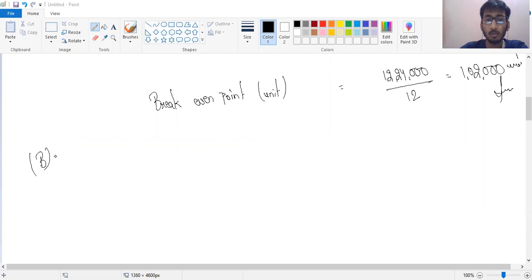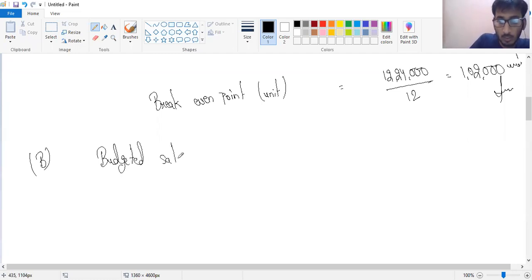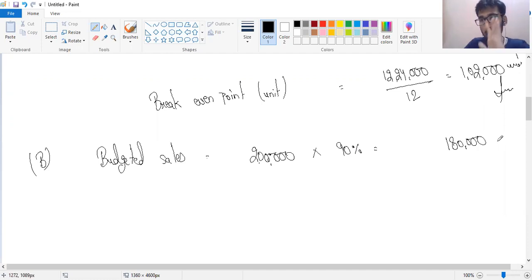As per the budgeted cost, we have calculated the budgeted contribution, which is 12 rupees per unit. And what is the budgeted sale? Total capacity is 2 lakh and normal capacity is 90%. So budgeted sale is 1,80,000.